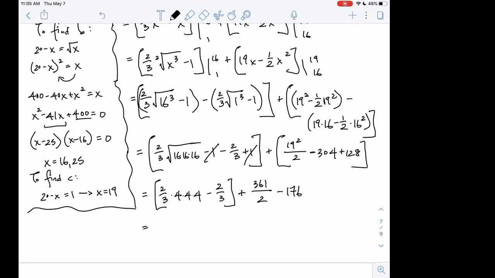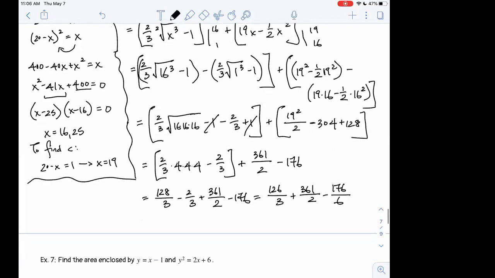And that's going to give us 4 times 4 times 4 is 64, times 2 is 128 over 3, minus 2/3 plus 361 over 2 minus 176, which is 126 over 3 plus 361 over 2 minus 176 over 1, sorry, thinking ahead.